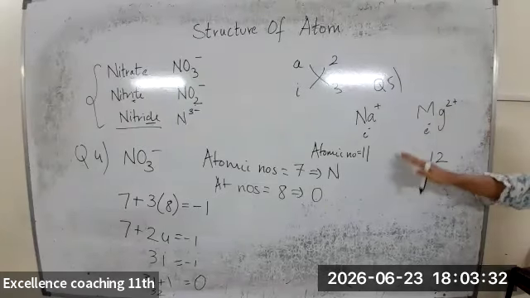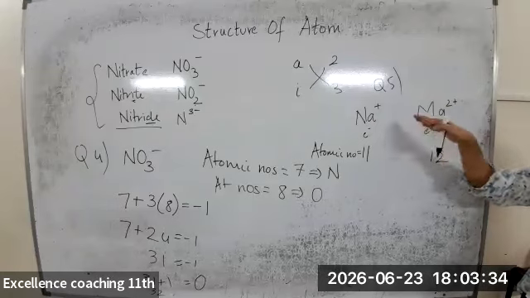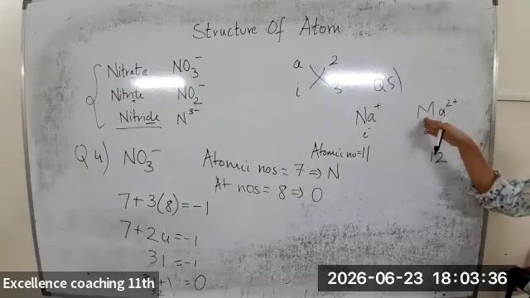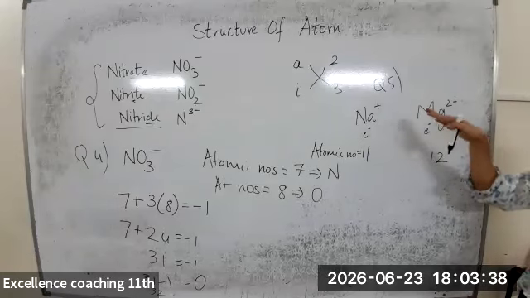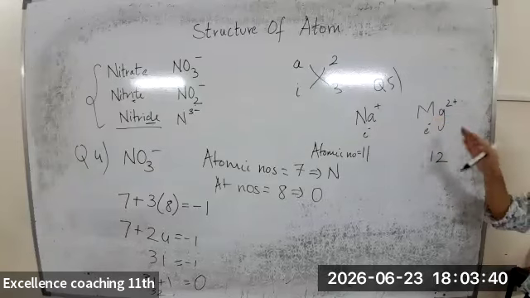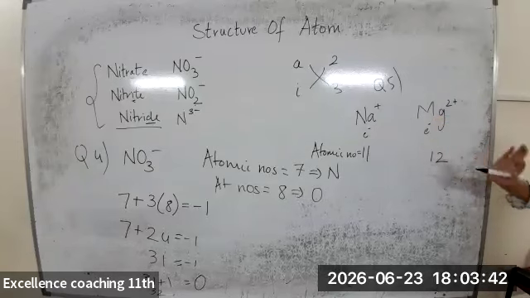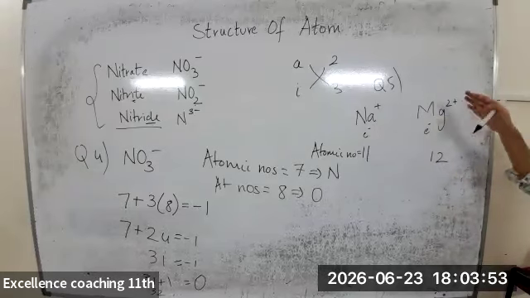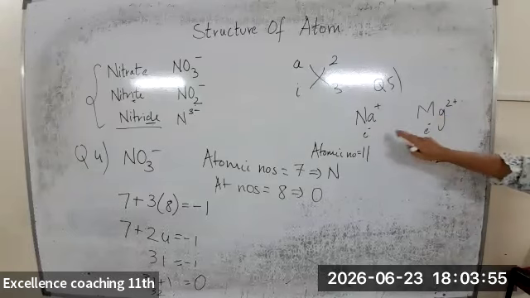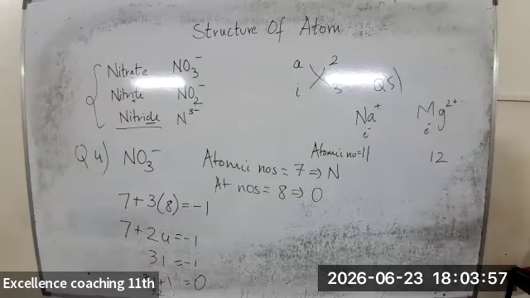I have to check whether this is isoelectronic with this species. Isoelectronic species have the same number of electrons irrespective of the charges. This can have some other charge, this can have some other charge, but the number of electrons in both species will be the same to be isoelectronic in nature.